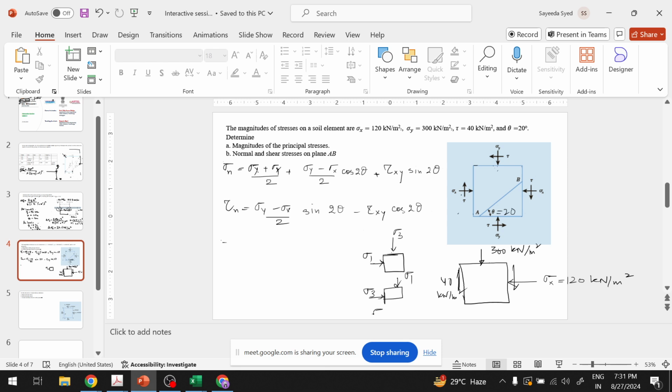But sigma 1 is always greater than sigma 3.